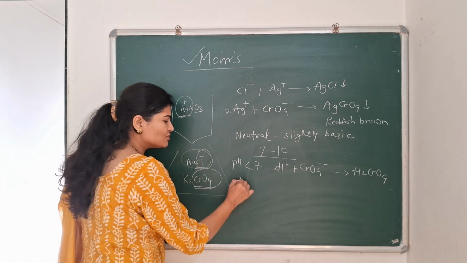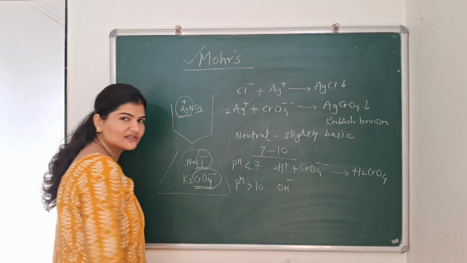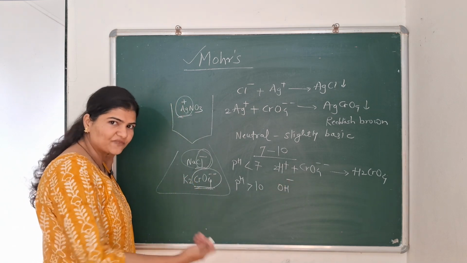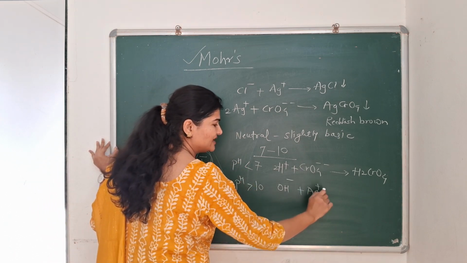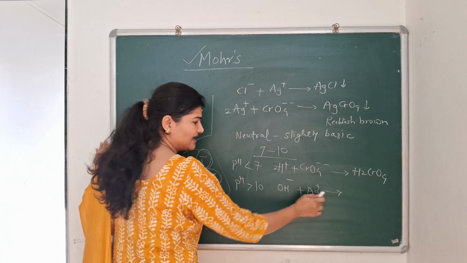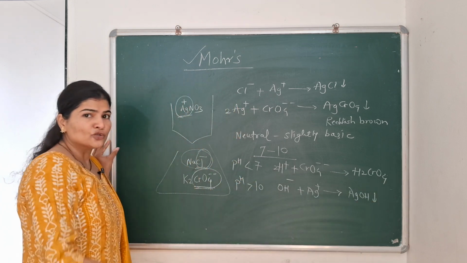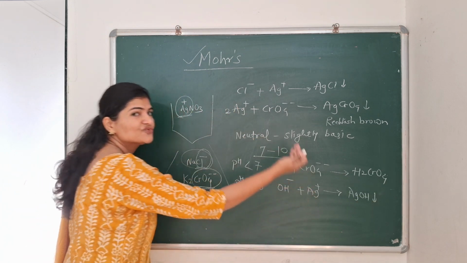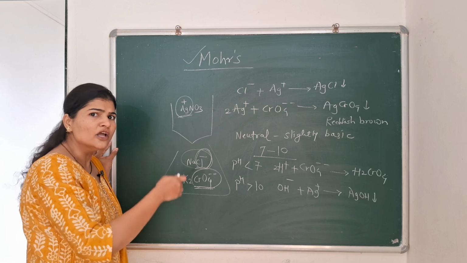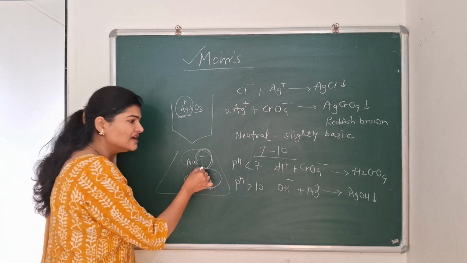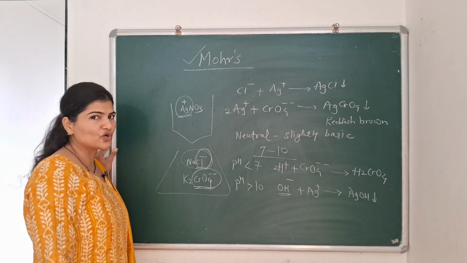Now if the pH is more than 10, then there will be a lot of OH minus, hydroxide ions, present in the basic medium, and those may react with our precipitating ion, silver ion, to form silver hydroxide PPT. So the precipitating ion, which was supposed to react with the analyte ion, chloride ion, is instead busy reacting with the hydroxide ions and forming silver hydroxide PPT.